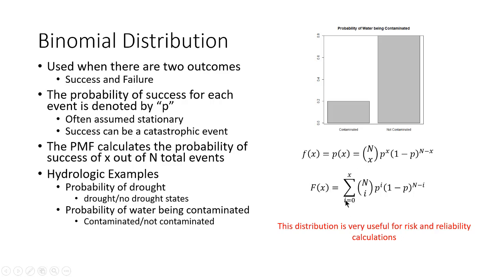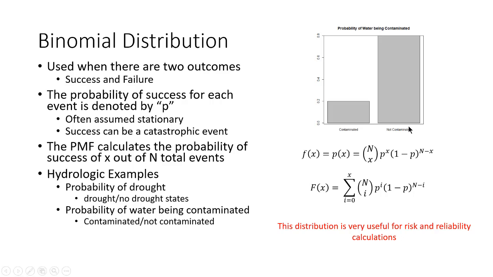If I want to ask what is the probability that I will see no more than 3 years of drought, then I could have 0 years of drought, 1 year, 2 years, or 3 years of drought. If I have 4, I know it's more than 3, so it's no longer within the limit.